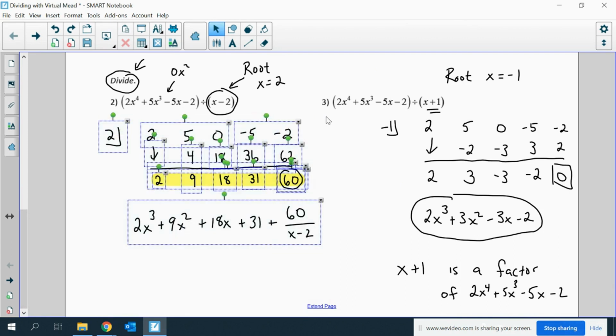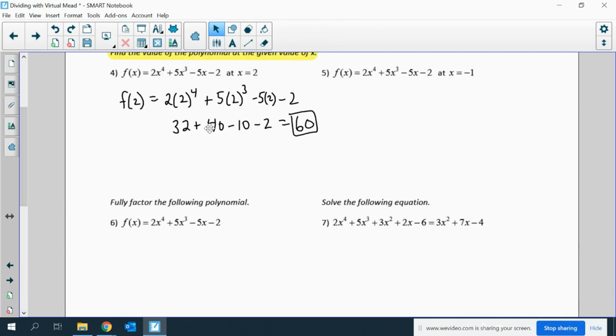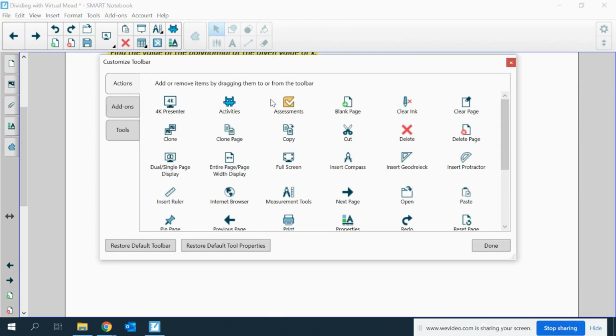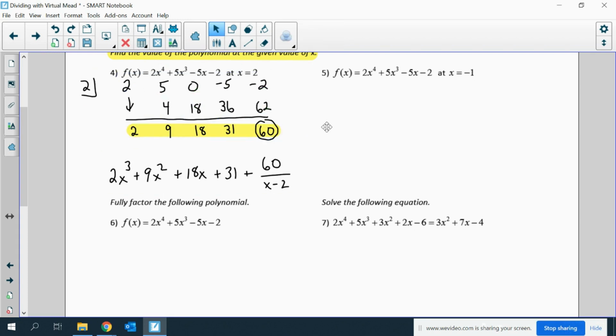And so if I did this process right here, what I would end up with is 60. And so I can do the exact same thing and get a value.